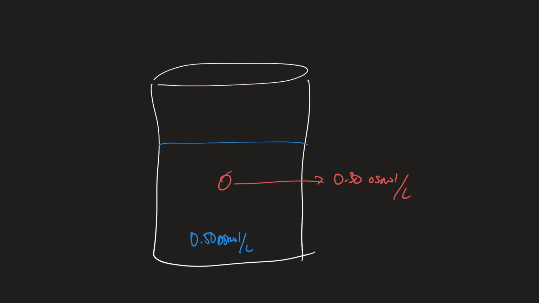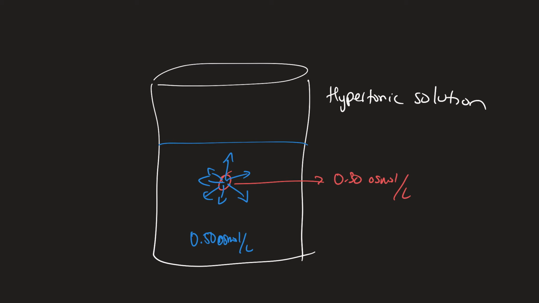Same idea: wherever has more water, it's going to move to the area that has less water. Due to the concentration difference, the water is going to leave the cell. When this happens, we say that the cell is in a hypertonic solution, or a hypertonic condition.